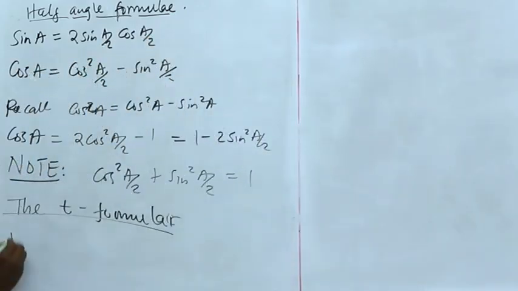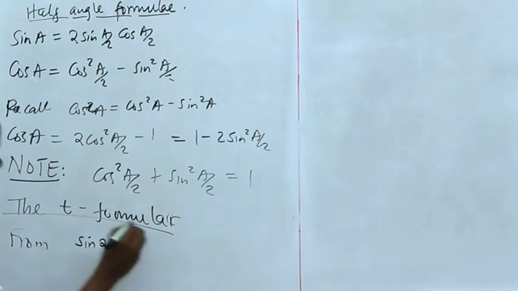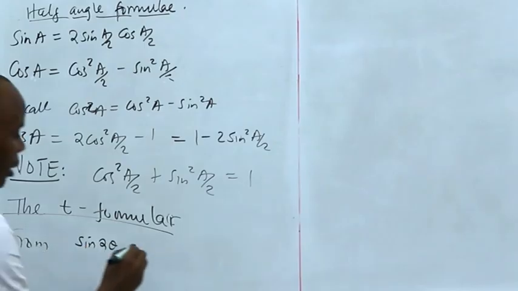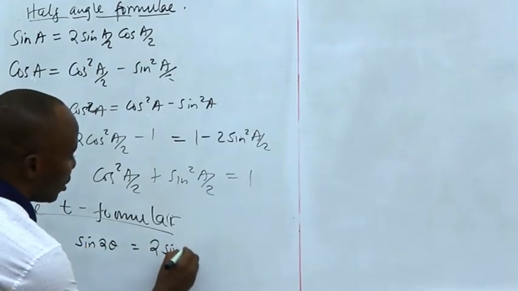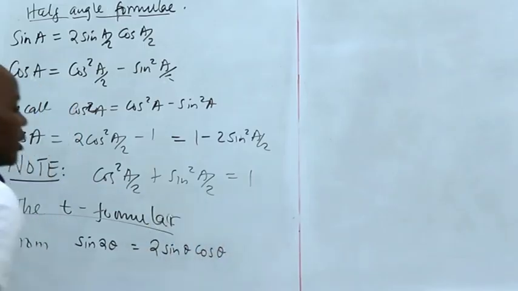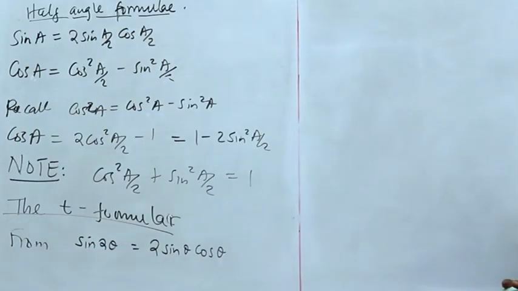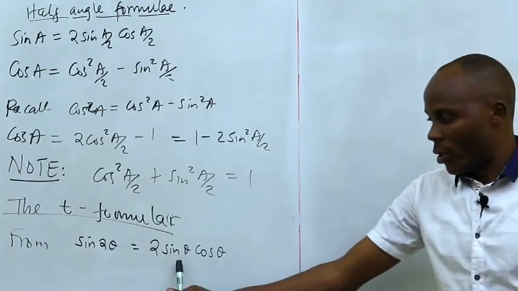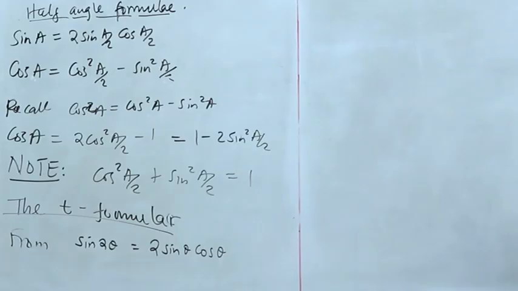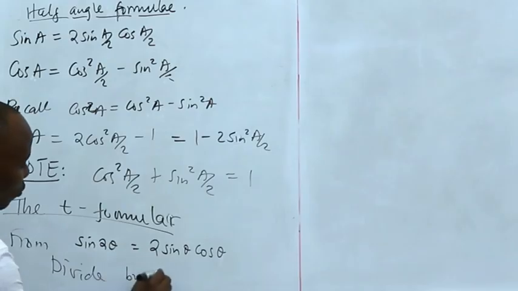Now, from sine 2 theta, sine 2 theta is 2 sine theta cos theta. Okay? So if it is 2 sine theta cos theta, we've just proved that from double angles, I can divide by 1.